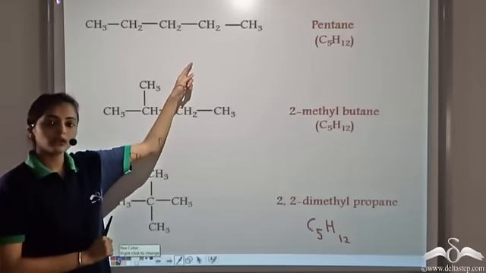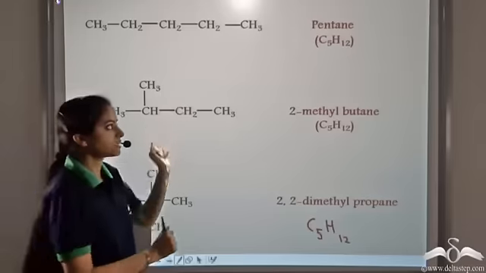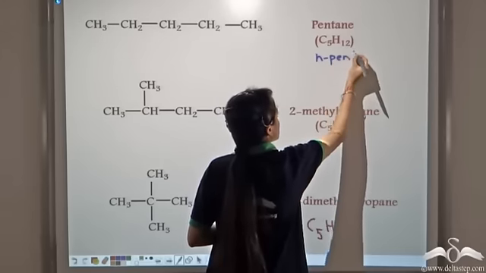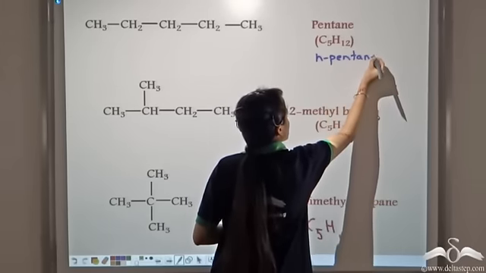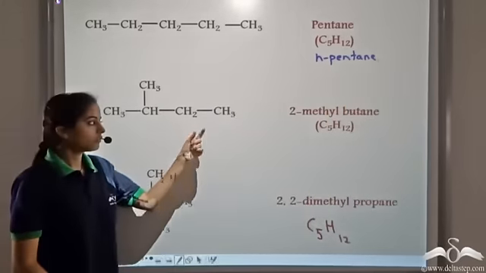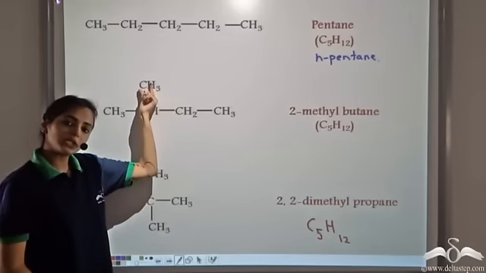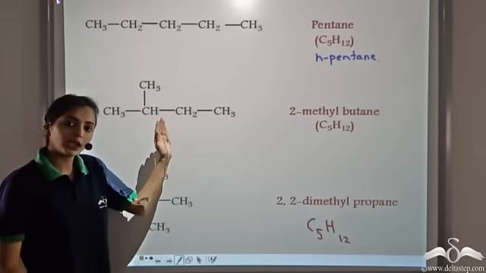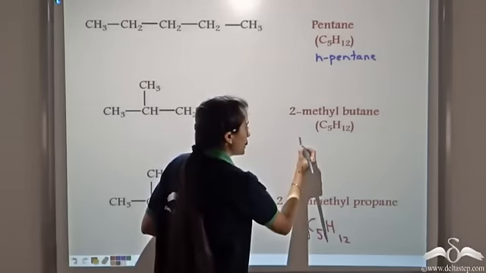The first one is normal pentane, also n-pentane. In the second isomer, we move one methyl group and place it in the second position. Such an isomer in which we move one methyl group is known as isopentane.